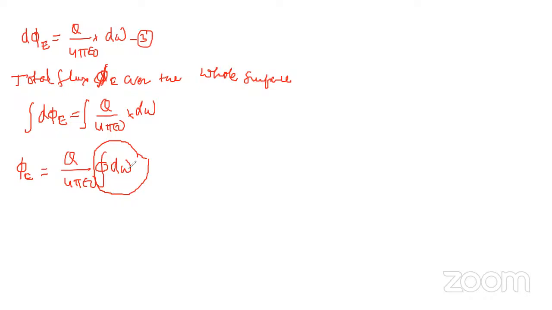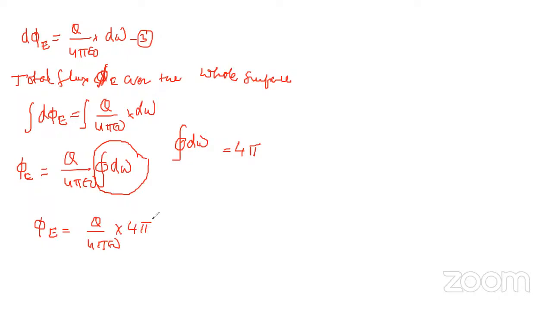This surface integral of d omega, subtended due to the entire surface at point O, is equal to 4 pi. So phi E will be equal to q by 4 pi epsilon naught into 4 pi.